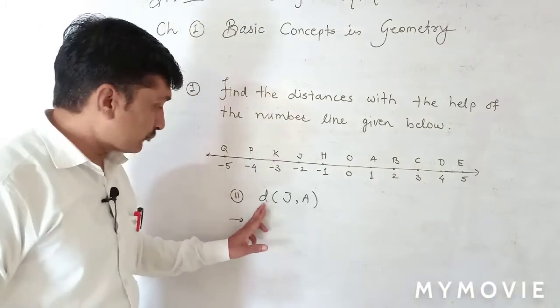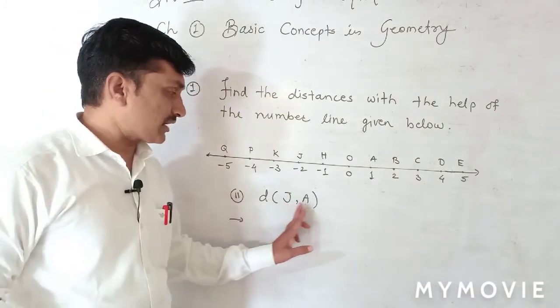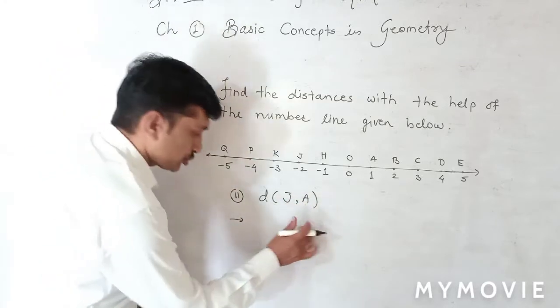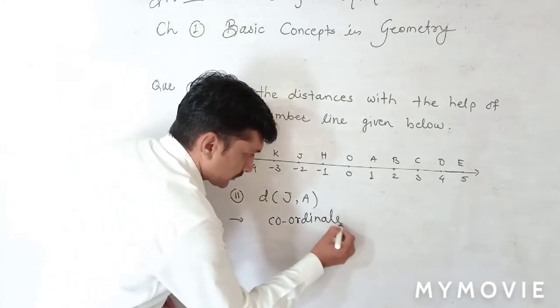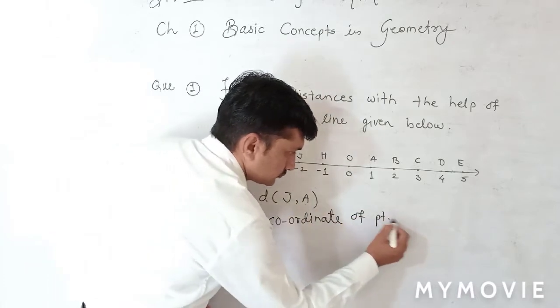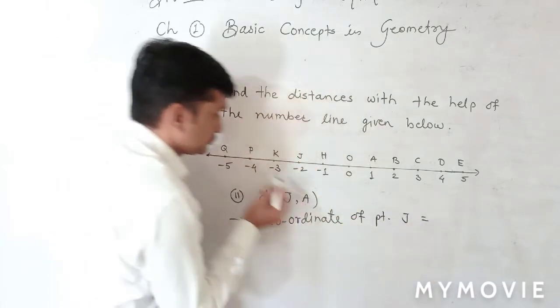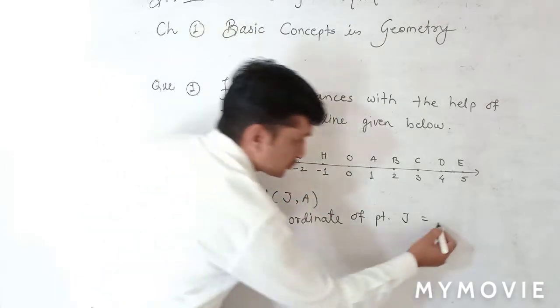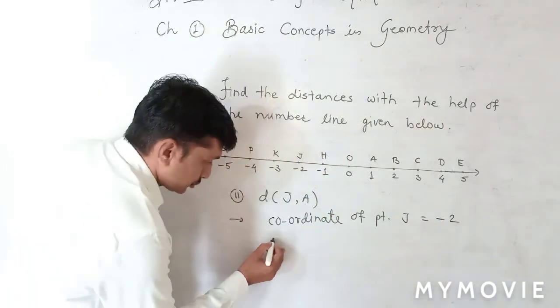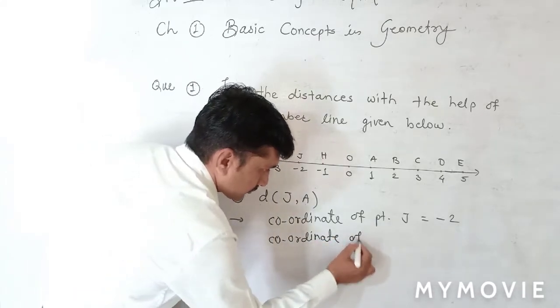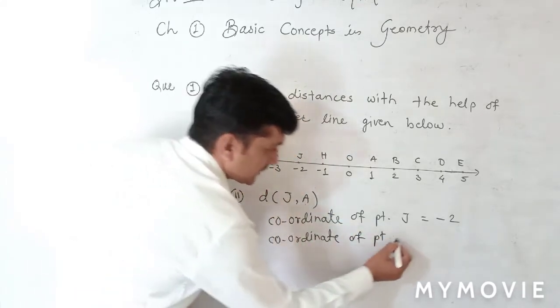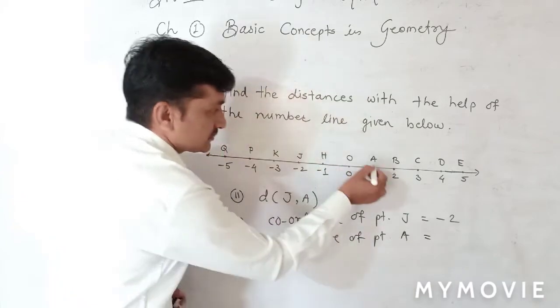The second distance that we have to find is the distance between points J and A. Therefore first write both coordinates. The coordinate of point J is equal to, now here you see, J is minus 2. The coordinate of the second point A is equal to 1.